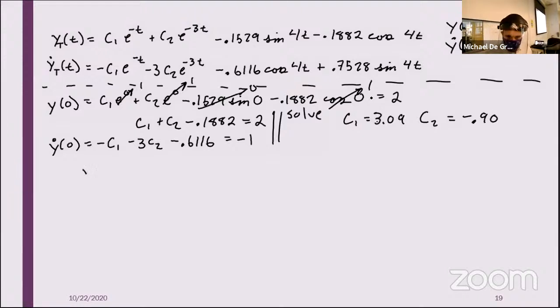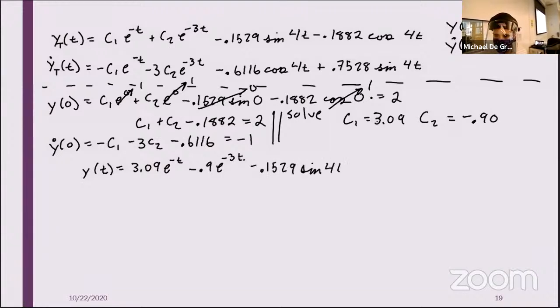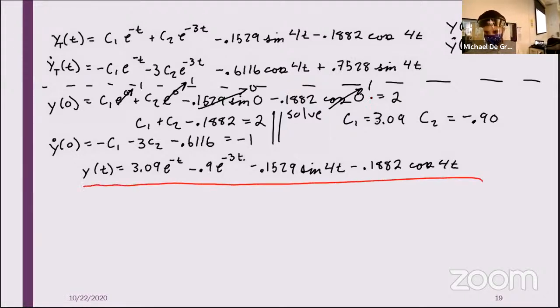So I can rewrite my total solution: 3.09 e to the negative t, minus 0.9 e to the negative 3t, minus 0.1529 sine 4t minus 0.1882 cosine 4t. And there it is, in all of its glory.